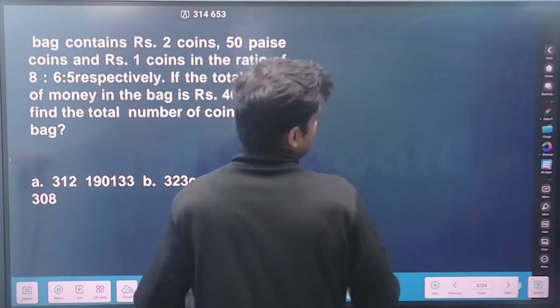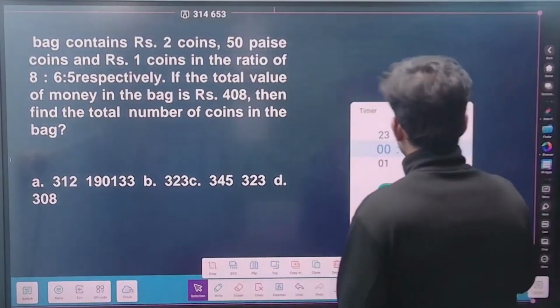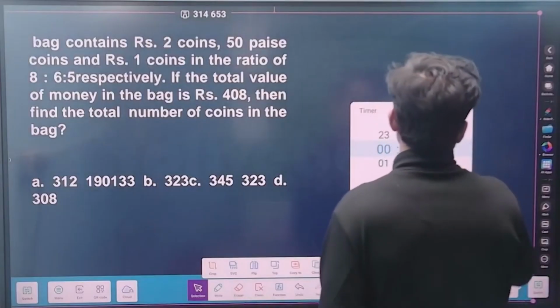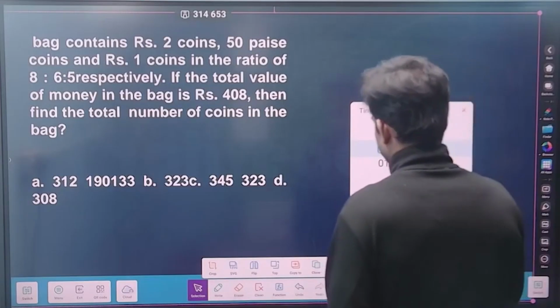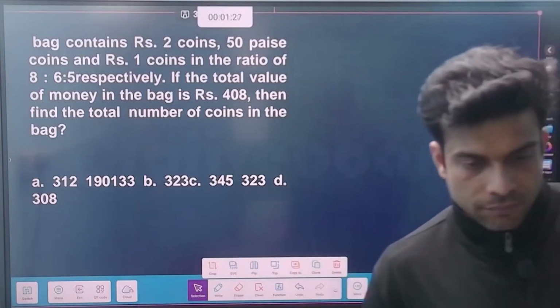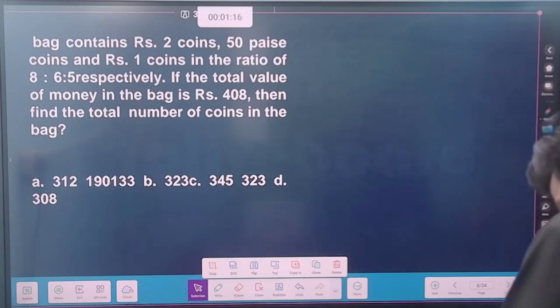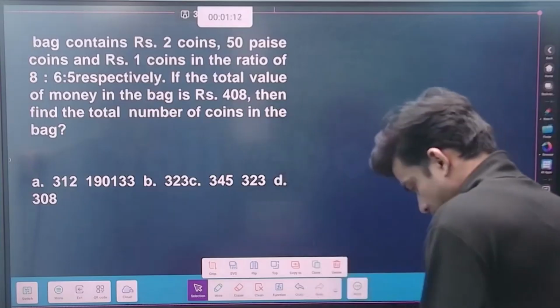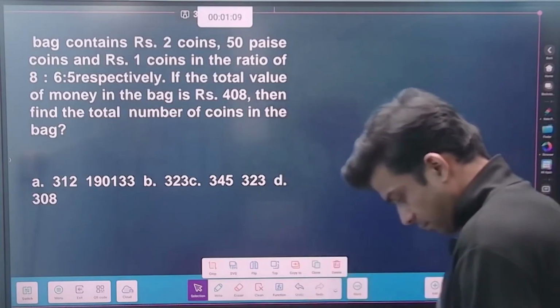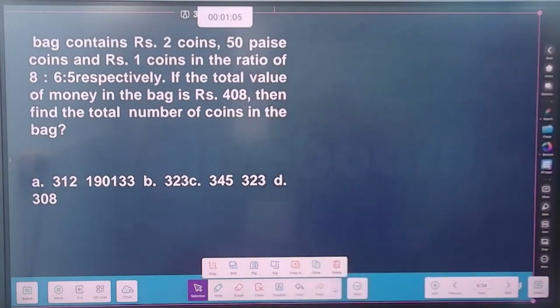Let me give you the timer for this. Now come on, solve this question. We have given you the options also, and I'll try this very slowly.